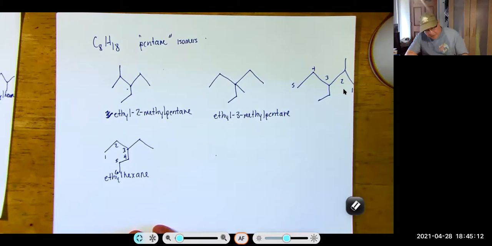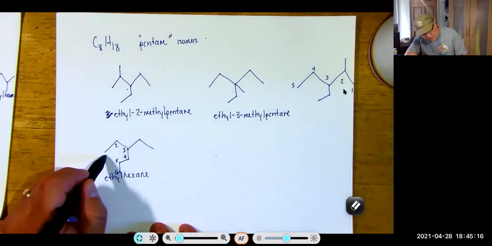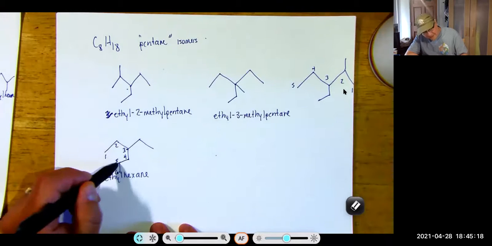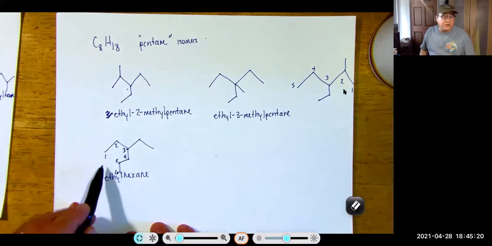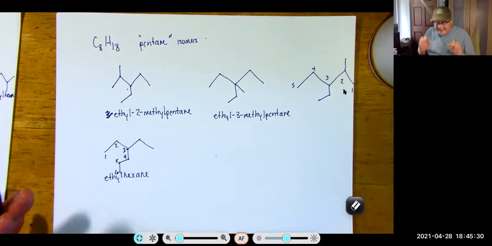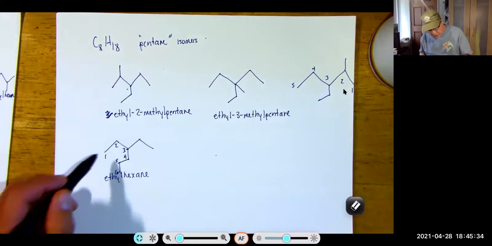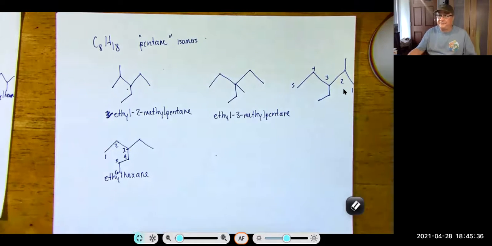For that reason, you want to make sure you draw it and then actually touch each carbon. 1, 2, 3, 4, 5, 6. And here I didn't touch each carbon. I just wrote a number next to it. So I could see that I counted it because I wrote a number next to it, whereas if you touch each one, you got to remember that you touched it.